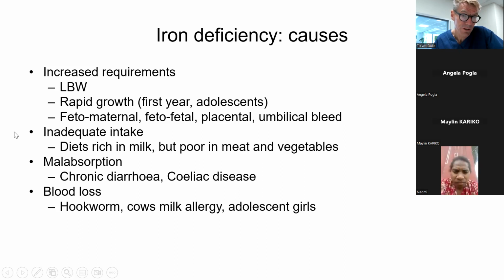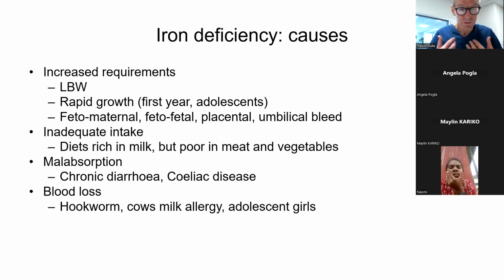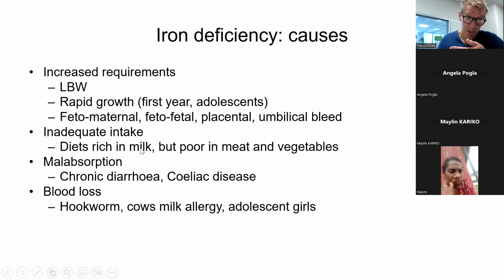Iron deficiency occurs quite commonly, of course, also because of inadequate intake of iron, especially diets that are rich in milk. If a child has been drinking a lot of cow's milk, then typically they're not eating much meat or vegetables. If the child's diet is poor, that is, not a balanced diet with a wide range of iron-containing foods, meat, cereals, vegetables, and fish as well, then a child is likely to get iron deficient.